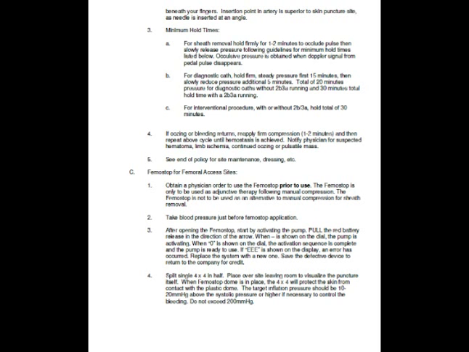After opening the Femstop, start by activating the pump. Pull the red battery release in the direction of the arrow. When it is shown on the dial, the pump is activating.